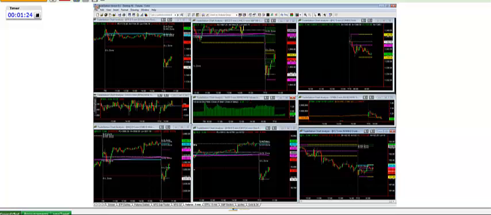Correction, I missed a couple here. Gold at 9:20 for the first hour range trade. Oil at 10 o'clock, first hour range trade. And then at 10:30, these are all Eastern times, the first hour index range trades.